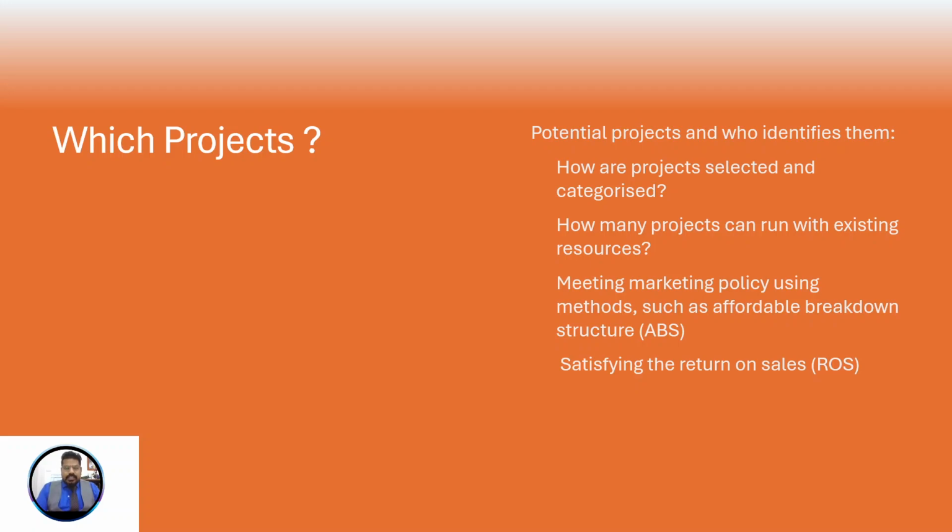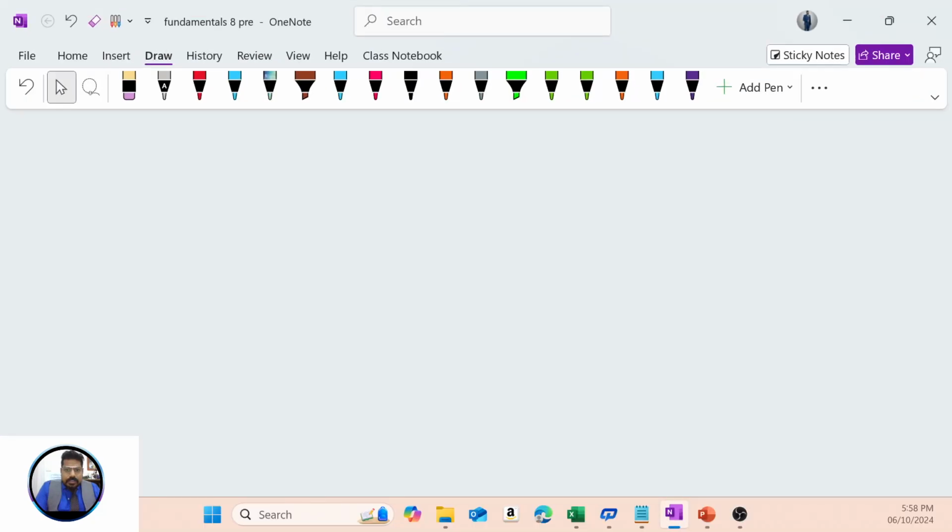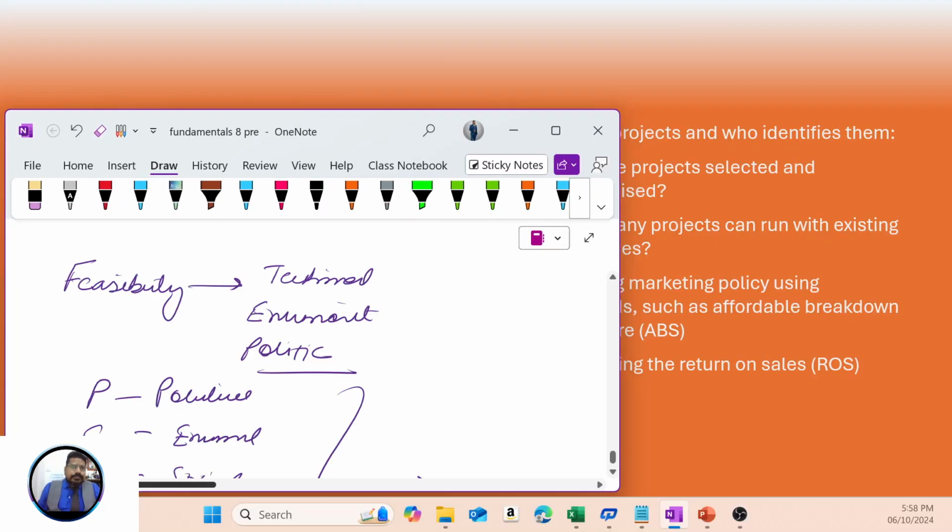How are projects selected and categorized based on how many projects can run with existing resources. Extremely important. Meeting marketing policy using methods such as work breakdown structure and satisfying the return on sales. So if you recall, I covered this in this way.